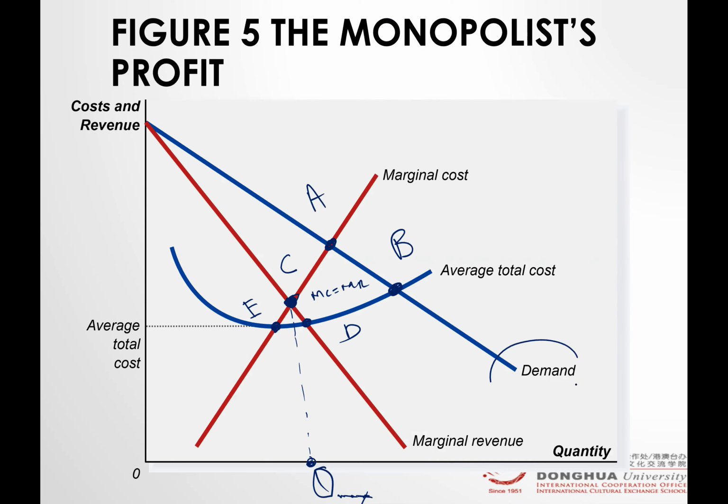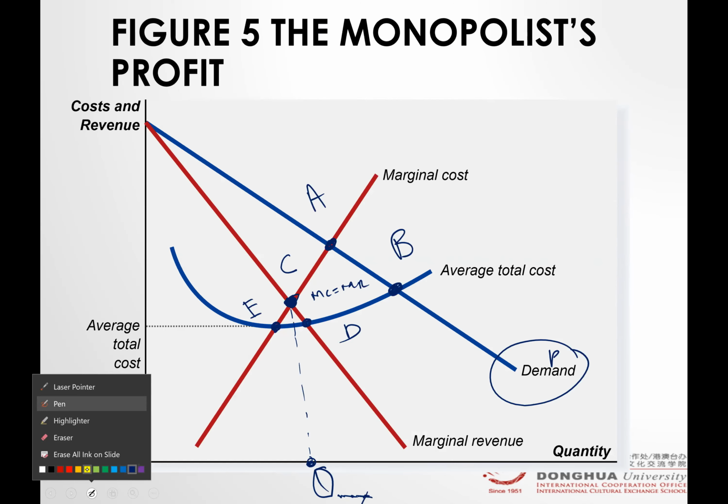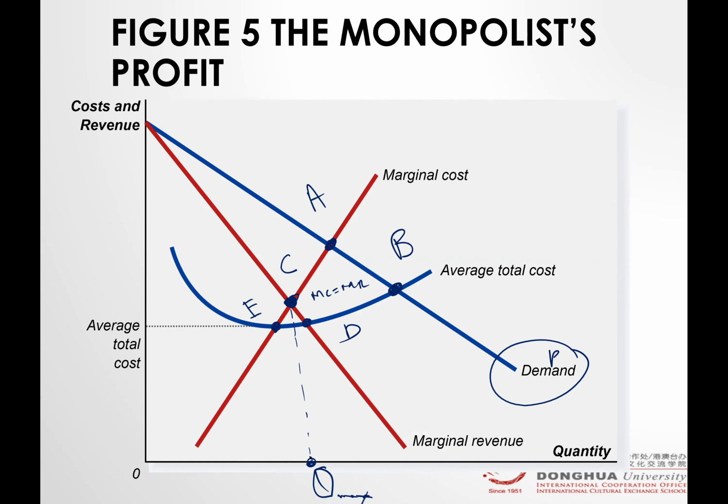It is on the price line, so you just draw, so that would be the price, right? And what is the cost? Cost is on the cost curve here, this point.